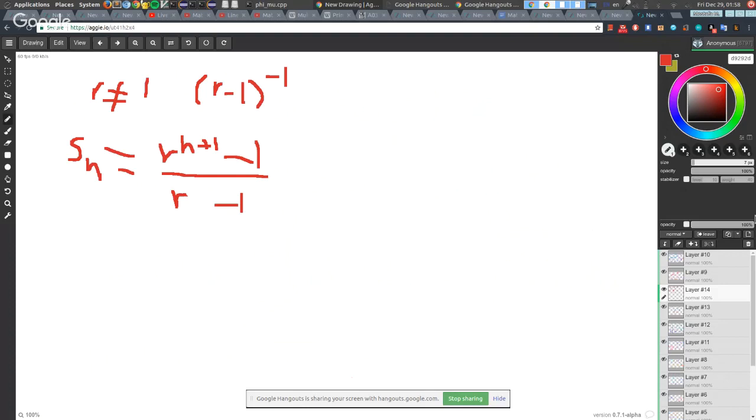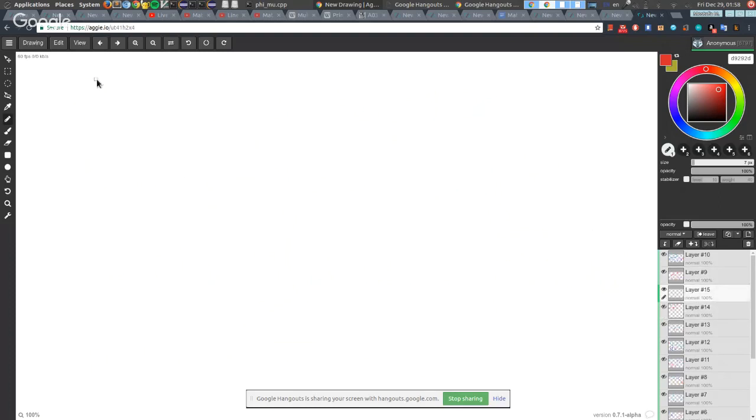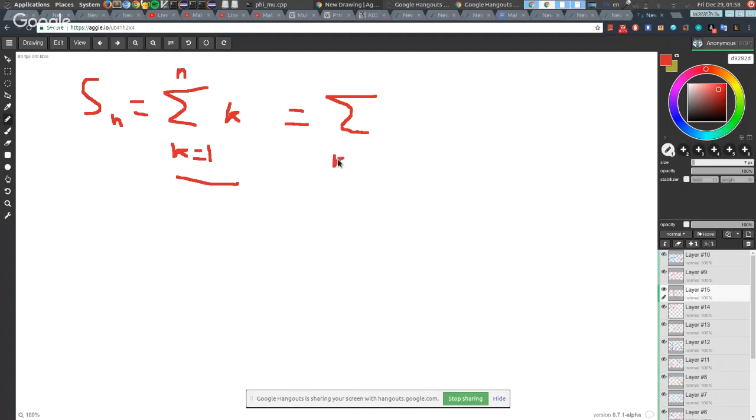Then I can also make the arithmetic sum. Sn is the summation of all the numbers from 1 to n. So the way to do this is, here we can reverse the sequence in the same technique I used earlier.